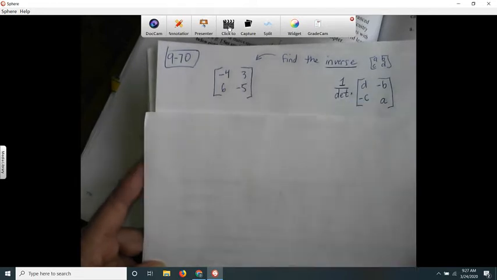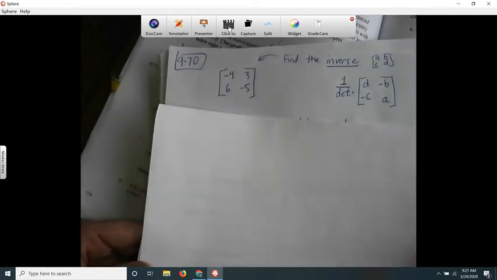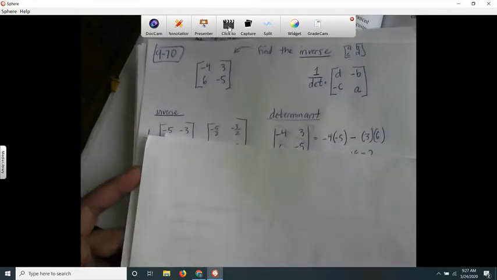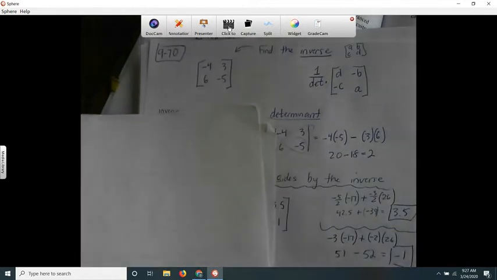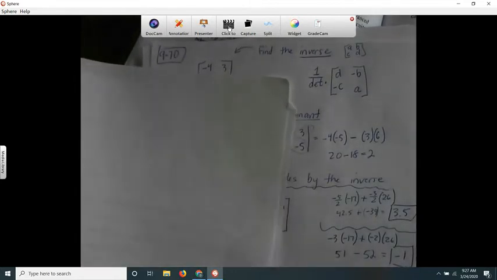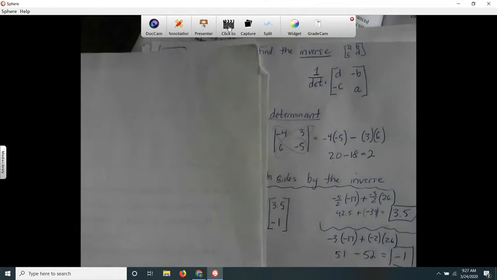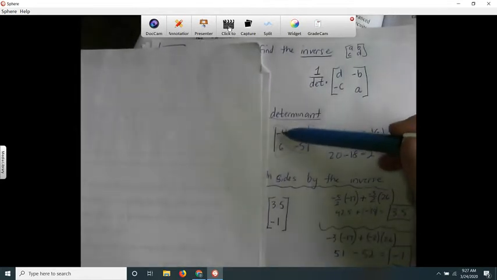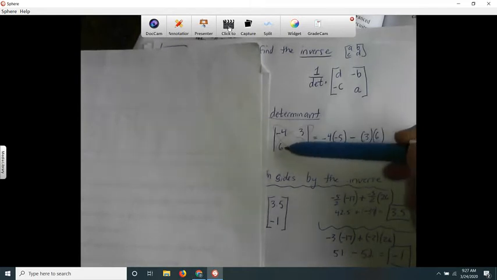And you're probably thinking, well, I don't remember how to get a determinant because that was before break. So here's how you get a determinant. I think you'll remember this, it's pretty simple. To get a determinant, you take the top left times the bottom right minus the bottom left times the top right.